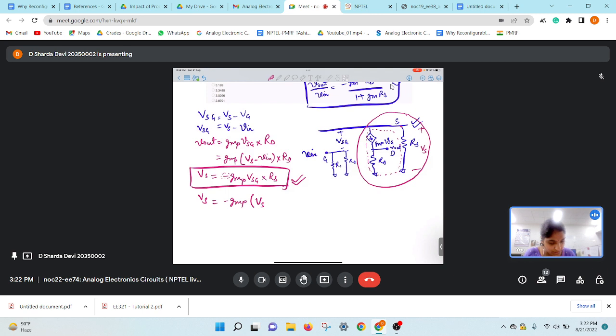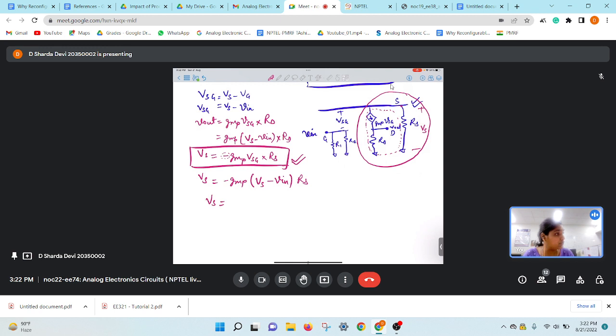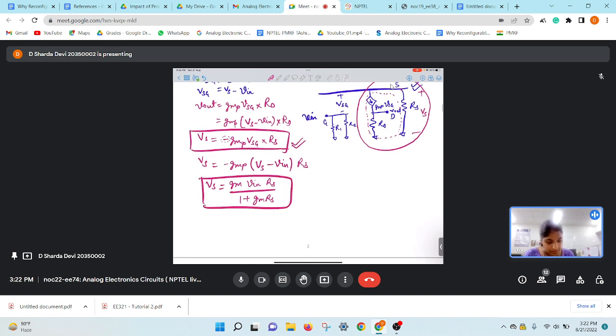Vs remains Vs, Vg becomes Vn, Rs. If you solve, you'll get Vs as gm Vn Rs upon 1 plus gm Rs, right? And we'll substitute this in expression 1. So we'll get gmp into gm Vn Rs upon 1 plus gm Rs minus Vn into RD.